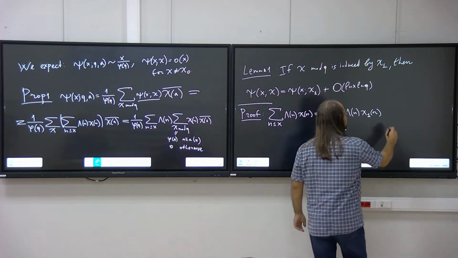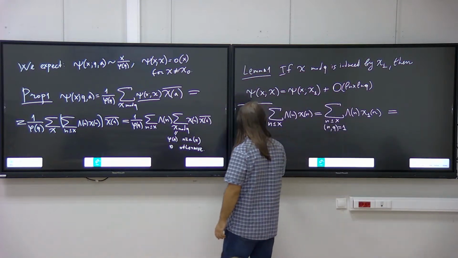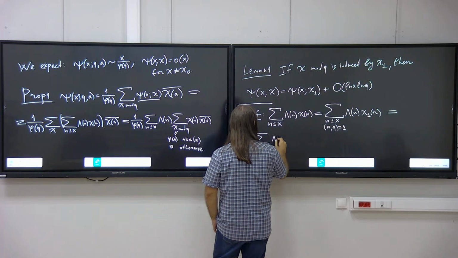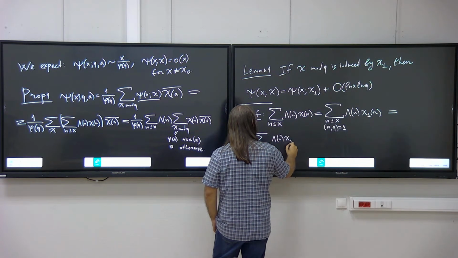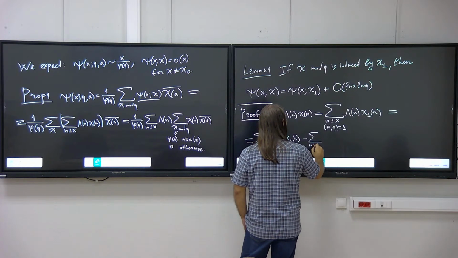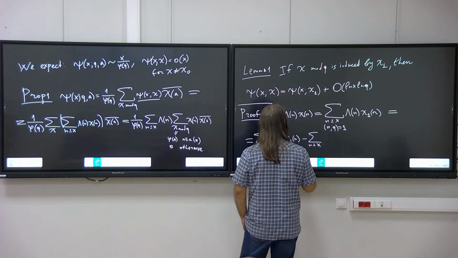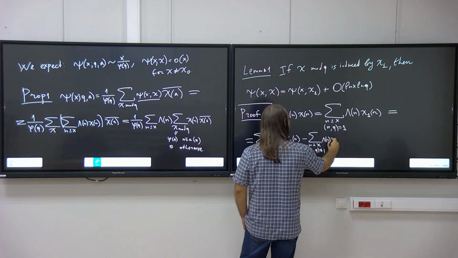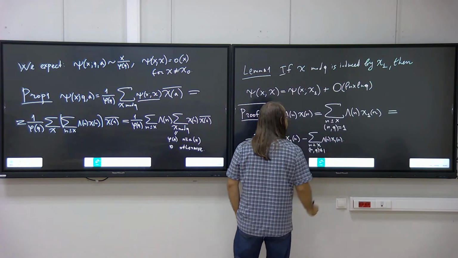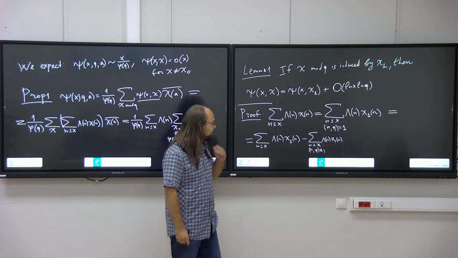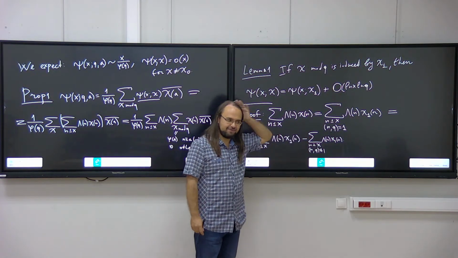Okay, now this sum is of course equal to the sum over all n less than or equal to x, lambda of n, chi 1 of n, minus the sum over all n less than or equal to x, n and q are not coprime, lambda of n, chi 1 of n, right? And what can be said about this sum?